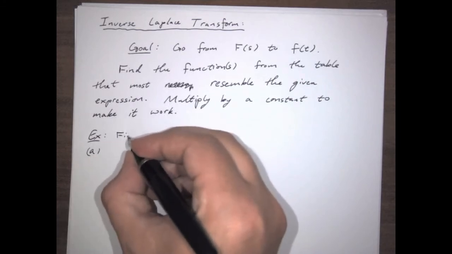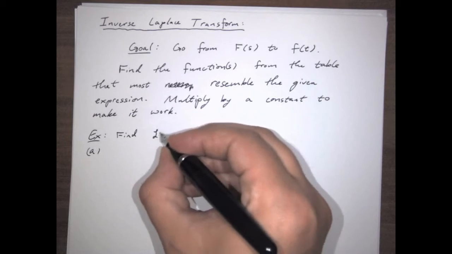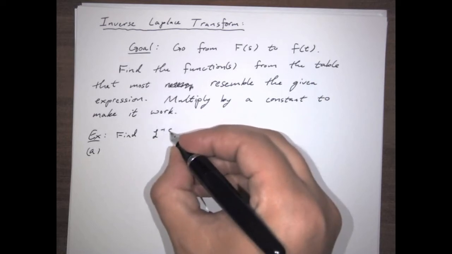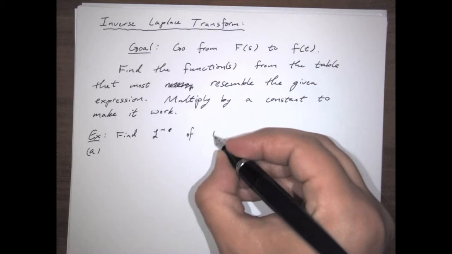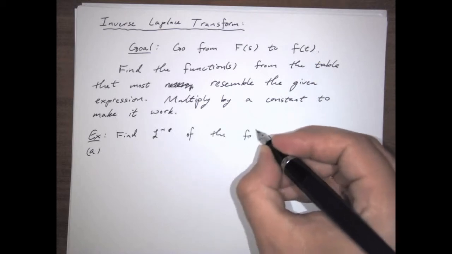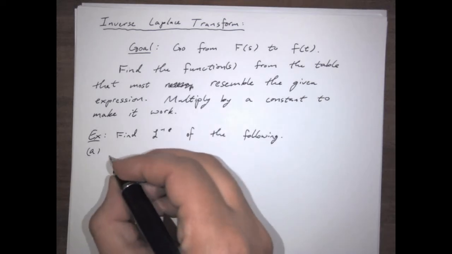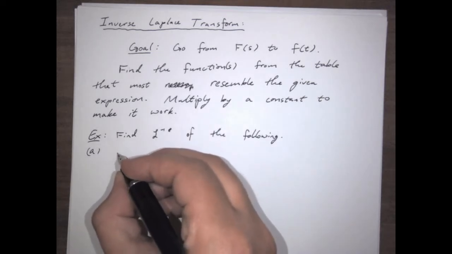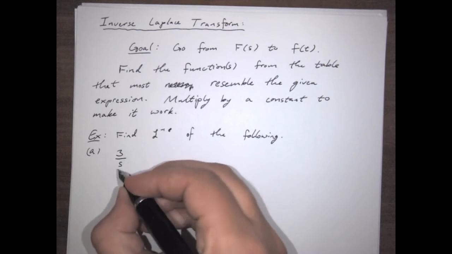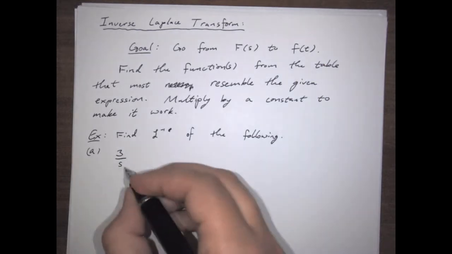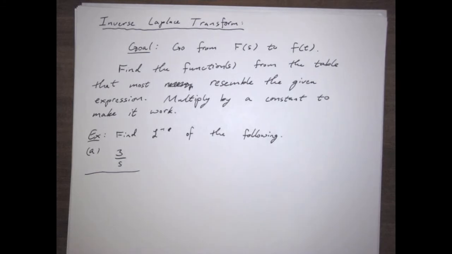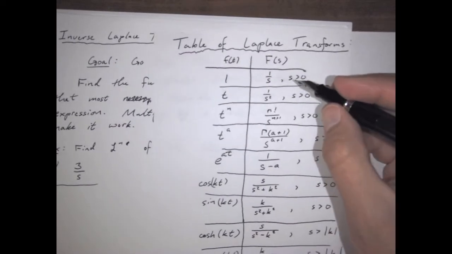Alright, now as an example, let's just say that we started with something like this. So find the inverse Laplace of the following. So let's say we started with something like 3 over s. Well, if we look at the table of Laplace transforms that we compiled painstakingly, always go with the simplest one if there's more than one option.